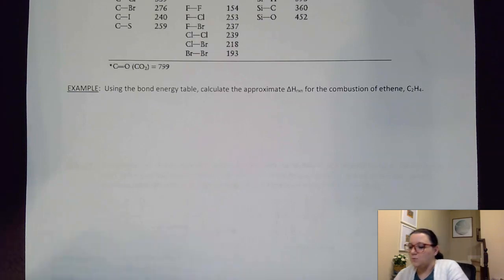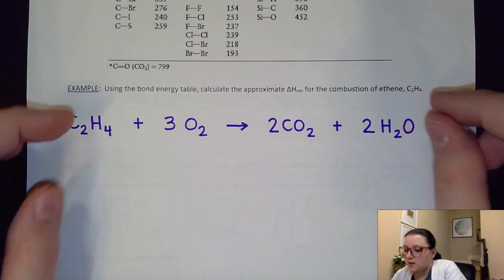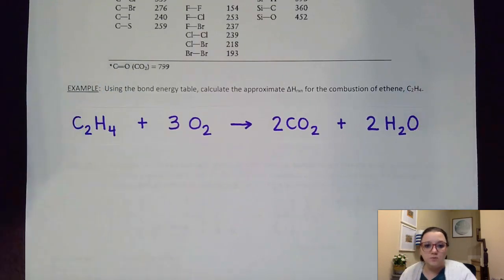That's what I went ahead and did here: I wrote C2H4 plus oxygen yields CO2 and H2O, and I balanced it utilizing coefficients. You notice I didn't worry about putting states here, and that's because as I'm doing these with bond energies, I'm not going to be able to take states into account. So you're not going to have to worry about that.